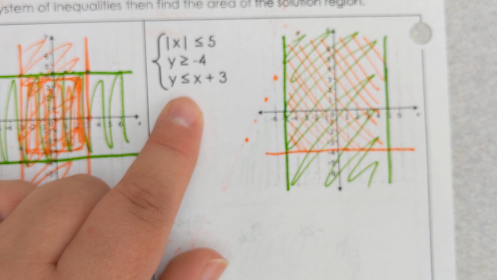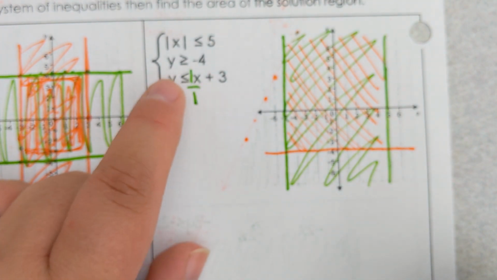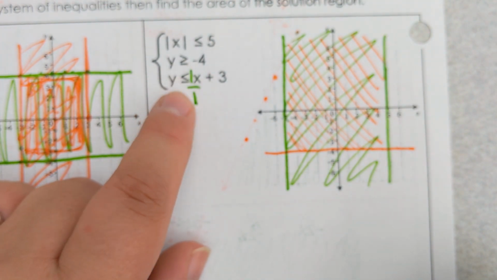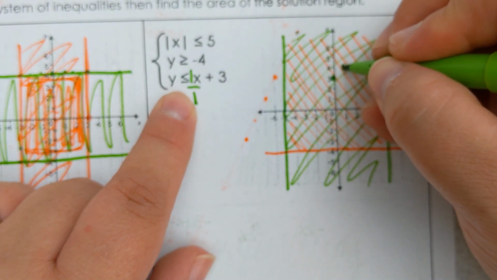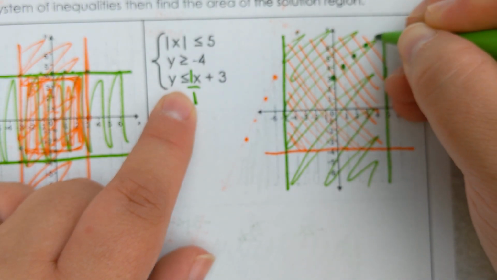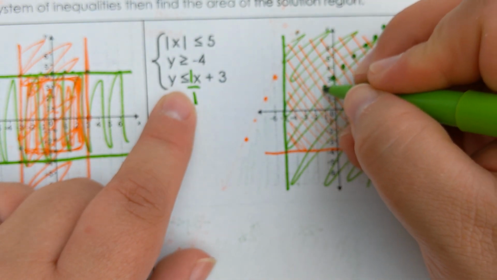And then here's the different part. We need 1 over 1 x plus 3. And we're going to shade below because it's less than. Go to 3, up 1 over 1. There we go.